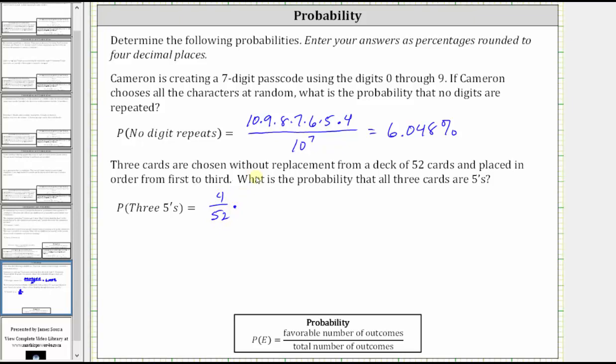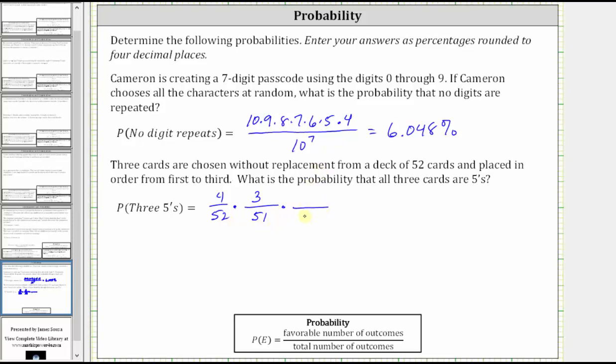times, now we multiply by the probability that the second card is a 5, given the first card is a 5. Well, now there's only 51 cards, 3 of which are 5s, and therefore the probability the second card is a 5, given the first card is already a 5, is 3 divided by 51, or 3/51. And then we multiply by the probability the third card is a 5, given the first 2 cards are 5s.